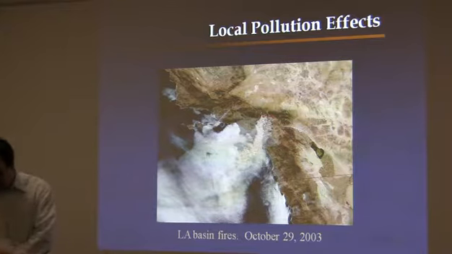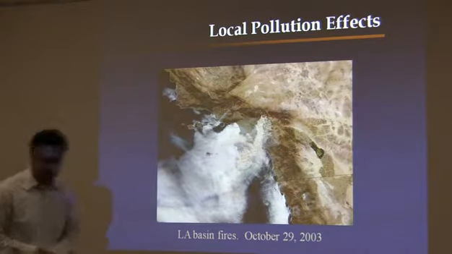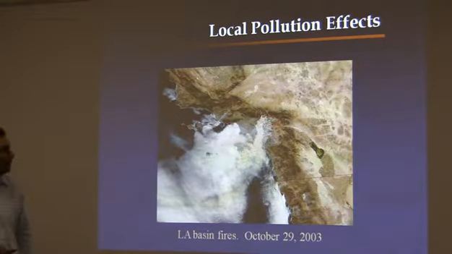So these models are used for very local pollution effects, but in addition, here we have a beautiful picture of the fires that occurred in October of 2003. This is the coast of California here, and these are the red dots where the fires occurred. And look at that.